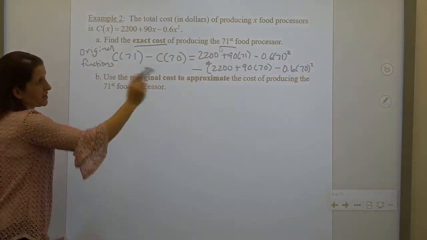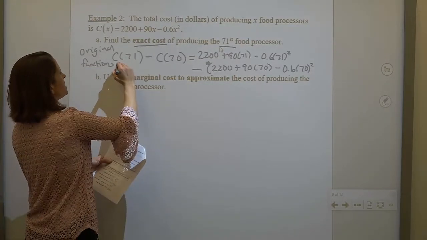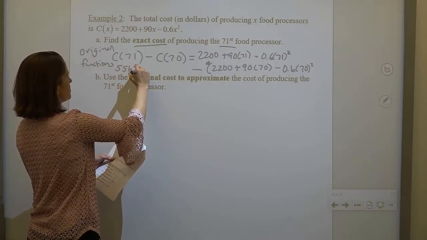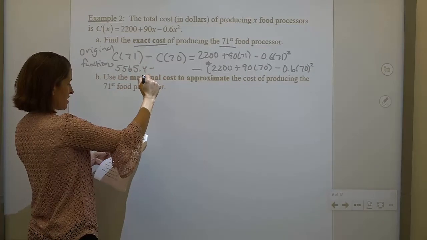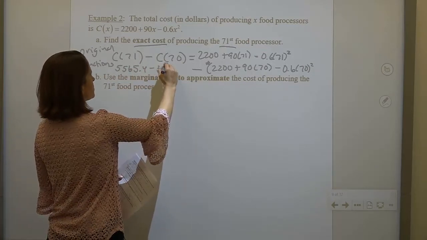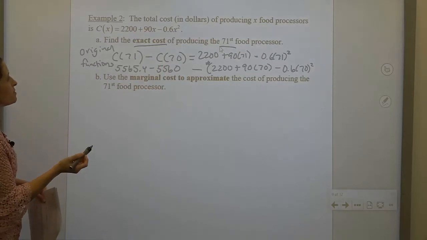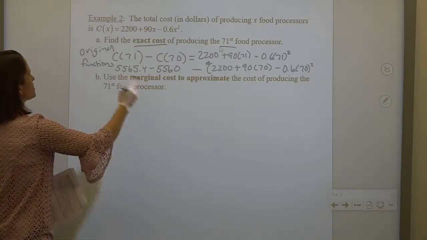So if we calculate that and figure out what those values are, the C of 71 is 5,565.40, and the C of 70 is 5,560. And so the difference in between there is $5.40.